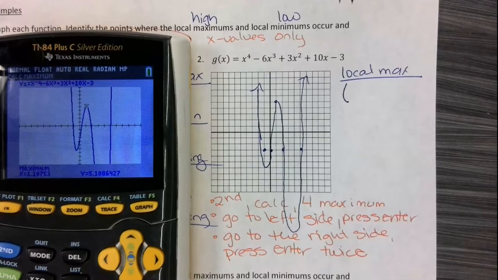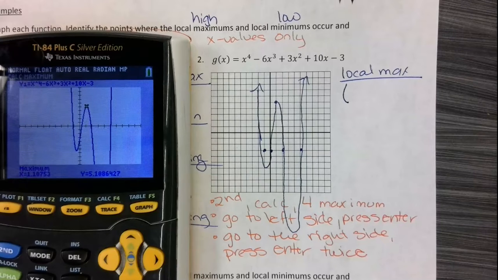I told you it was 5. It's not 5. I want it to be 2 decimal places. No, it's 5 and 2 decimal places.